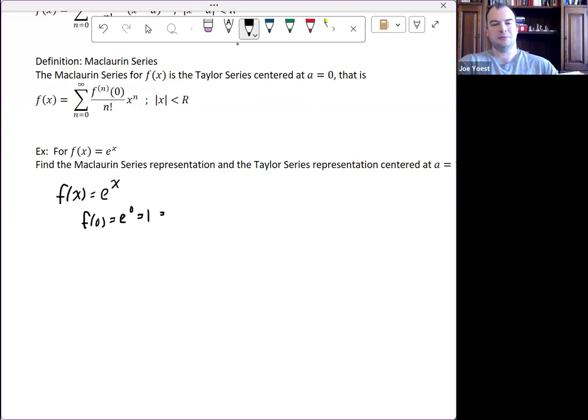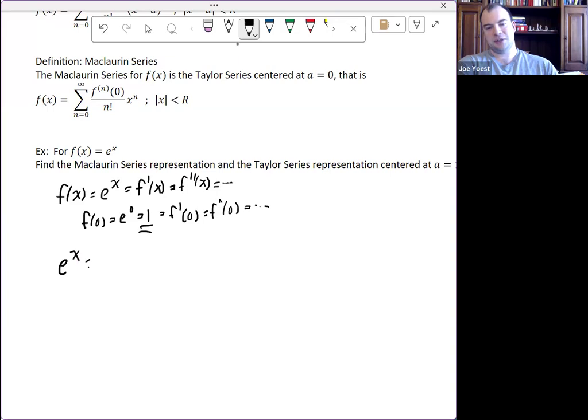But that's also because f prime of x is just f of x, because that's a property of e to the x. That's also f prime of 0, f double prime of 0, and so on, right? Because e to the x is its own derivative.